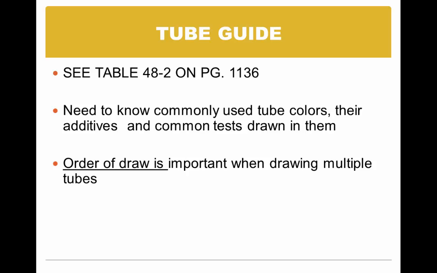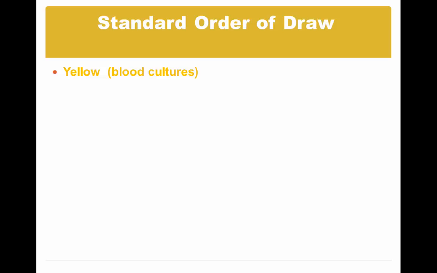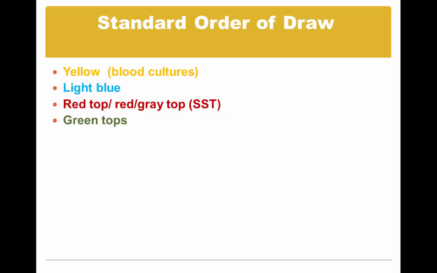Next we have the standard order of draw. So you want to draw yellow first, then light blue, then the red top, red gray top, or the tiger, the green tops, lavender, and gray.